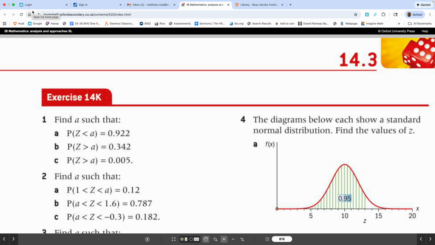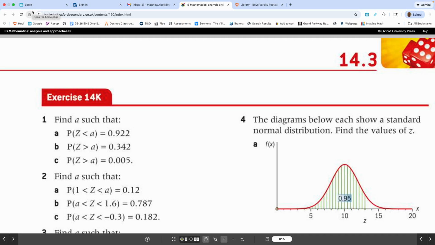I'm kind of confused about normal CDF and inverse normal, what's the difference between those two? So normal CDF is I'm going to find the area, the probability. I'm going to give you the bounds, the upper bound and the lower bound, and I'm going to find the area, the probability, okay? Inverse normal, I'm giving you the probability and you're going to find the bound.